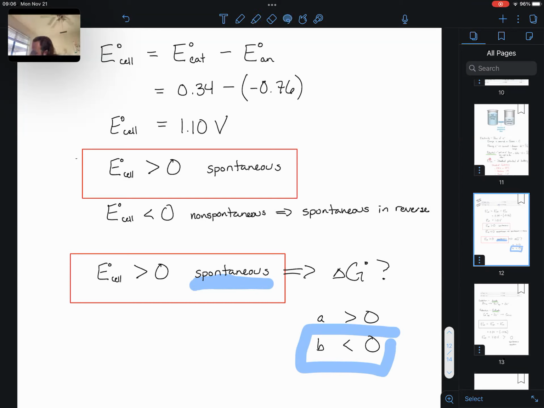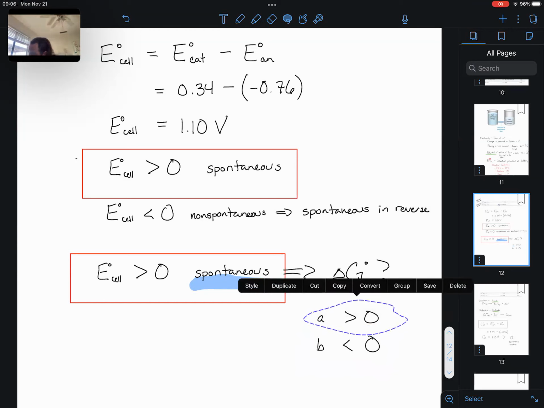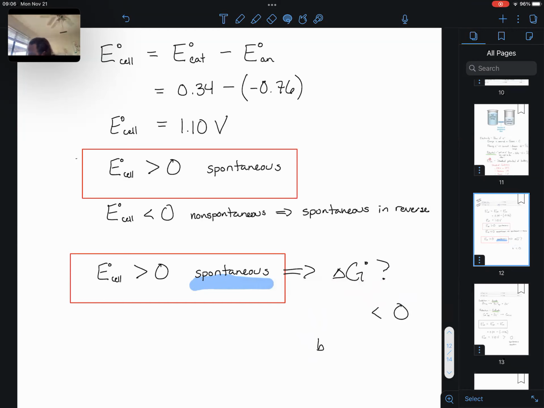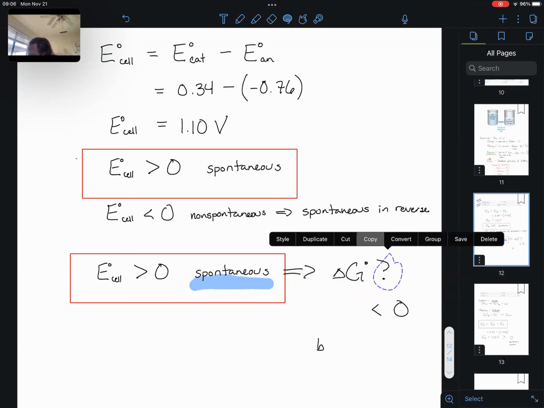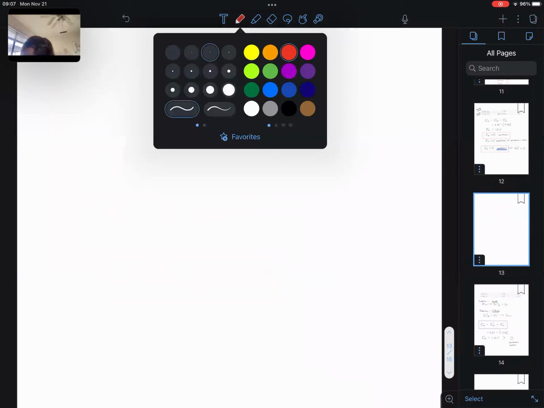Okay, so we don't really know the relationship between the potential and delta G yet, but we do know that if the sign of our E potential is greater than 0, that must mean that our delta G naught is less than 0, because both of those are conditions for the reaction to be spontaneous. All right. So now we're going to talk exactly about this relationship between delta G and the standard potential.